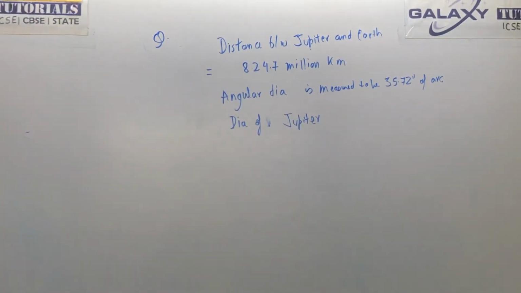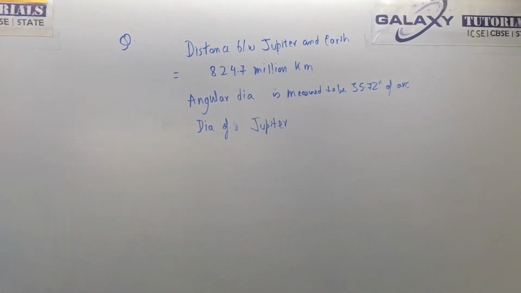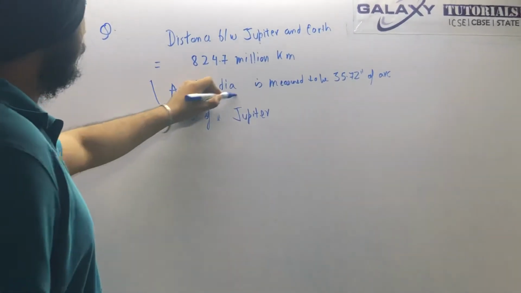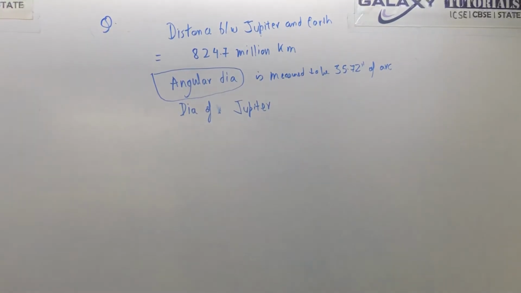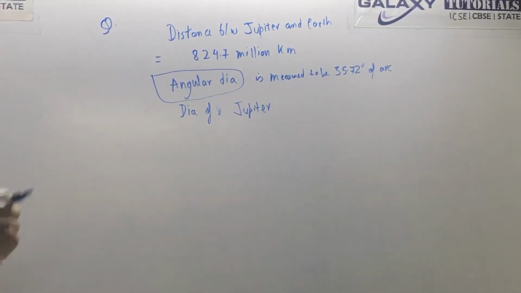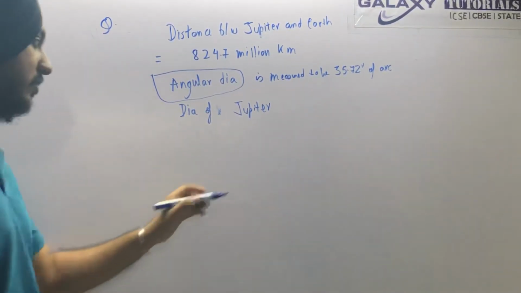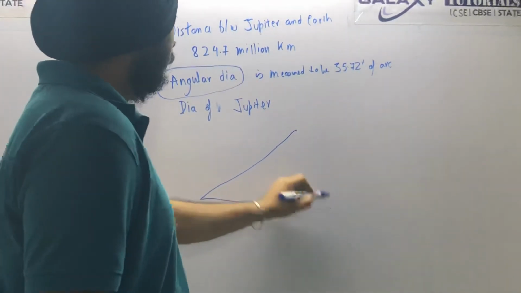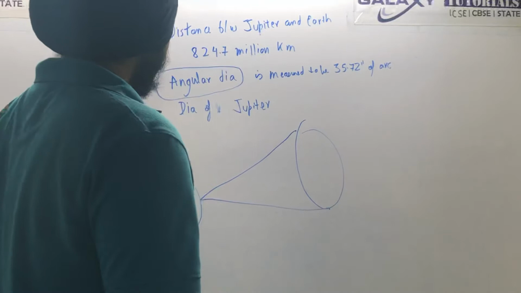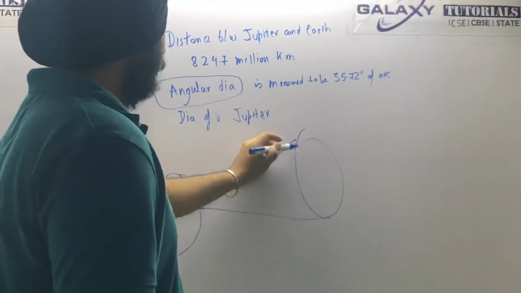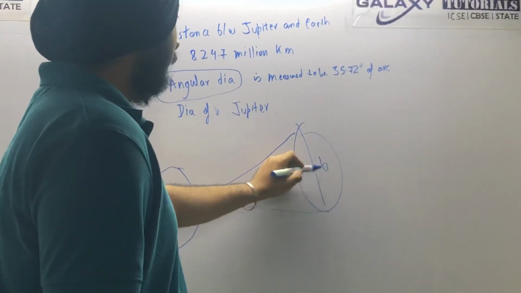First of all, there are some new terms that you may not have heard before. What is angular diameter? Actually, angular diameter is not a diameter. It is basically another word for the arc angle. Say this is Earth and this is a planet, and this is its diameter, which I will assume.